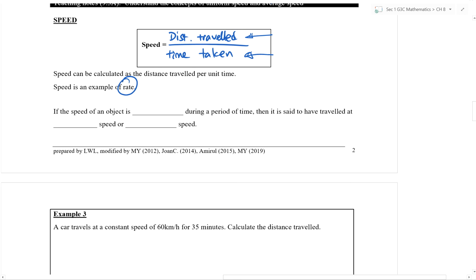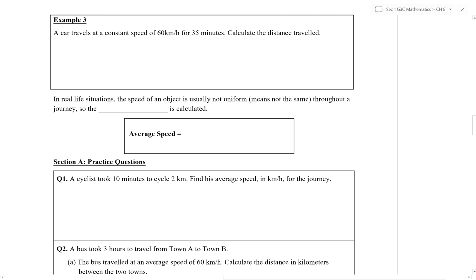The units over here are different. So if the speed of an object is constant during a period of time, it is said to have traveled at constant speed or uniform speed, meaning it doesn't change. So this is what we have been doing for our primary school already.